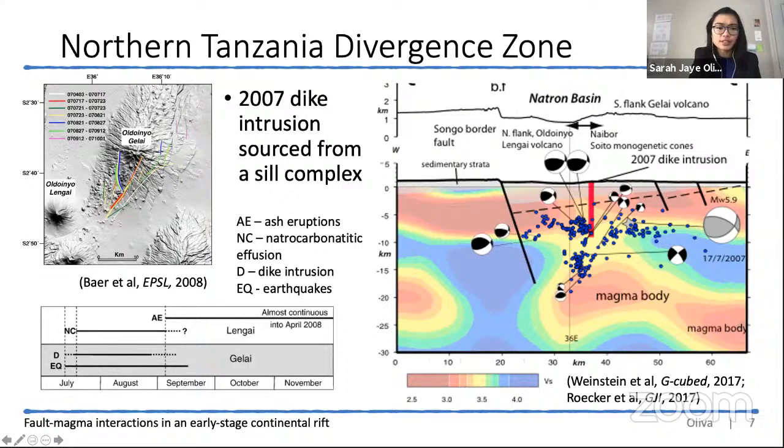So for 2007, here's a cross-section through this area, just north of Lingai and south of Galay. The 2007 diking was probably sourced from a sill complex above a magma chamber.